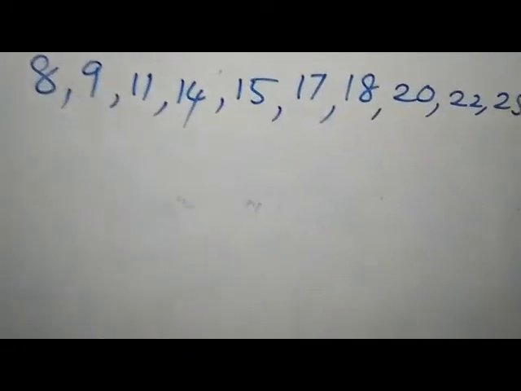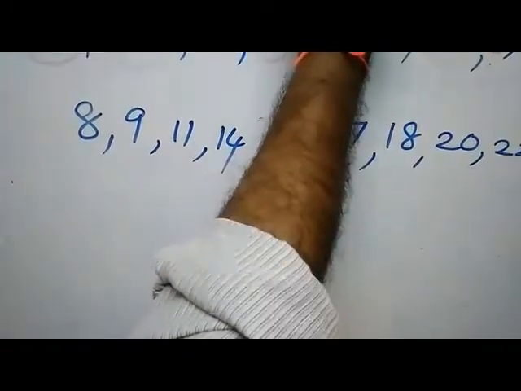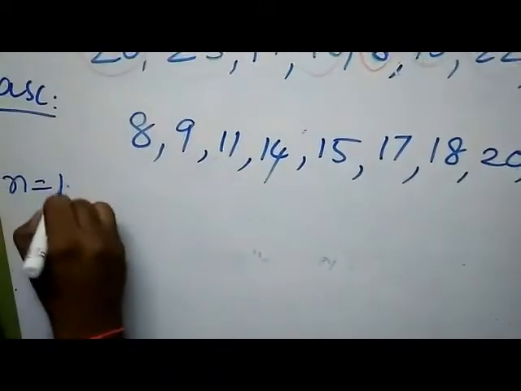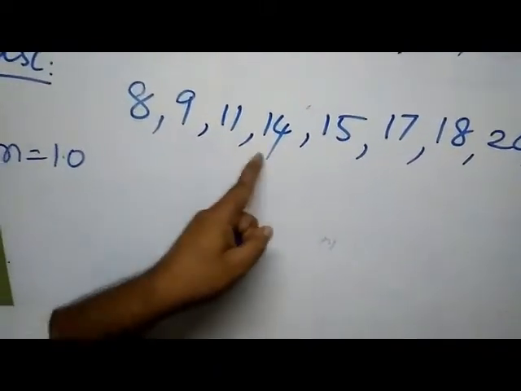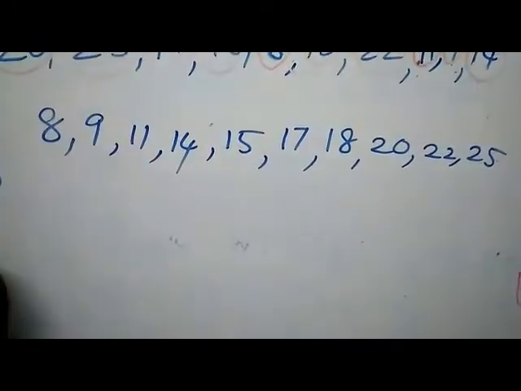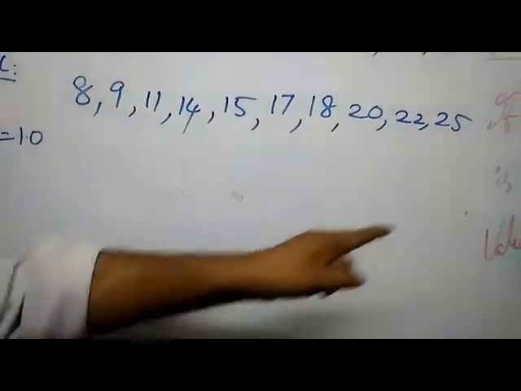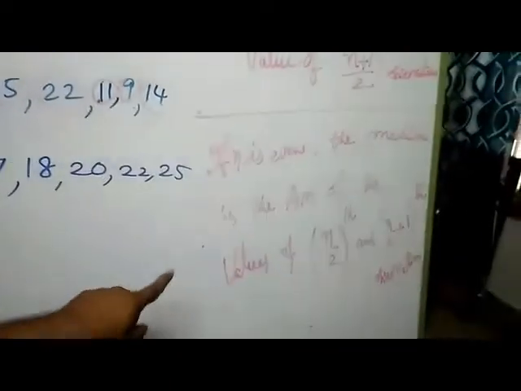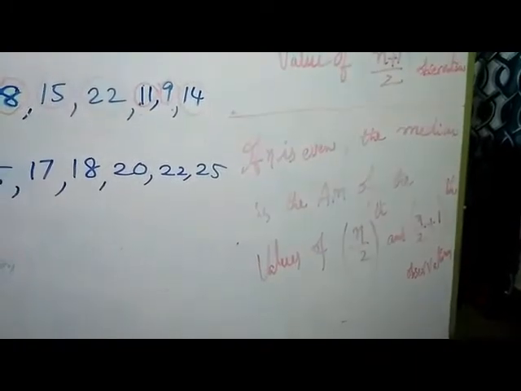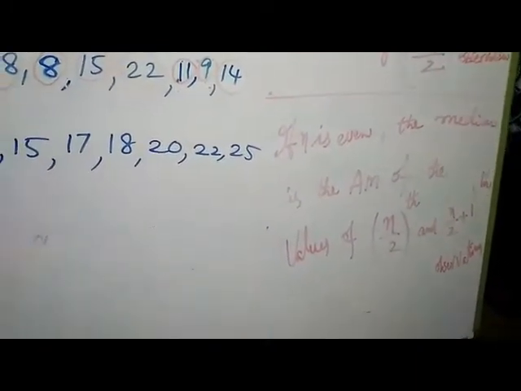The case of n odd is completed. Now n is even: 10 is an even number. If n is equal to 10, what is the formula? If n is even, the median is the arithmetic mean of the values of the n by 2th and n by 2 plus 1th observations.